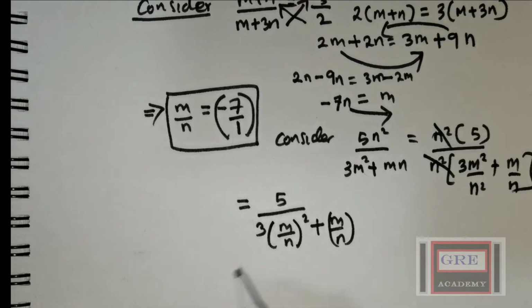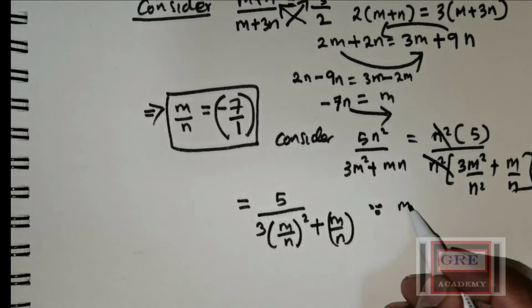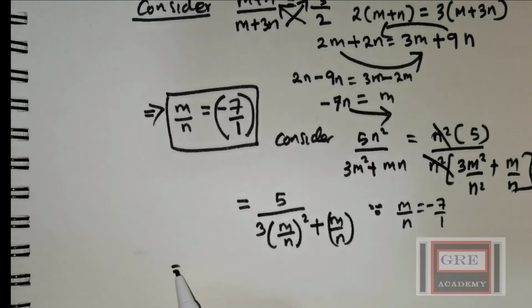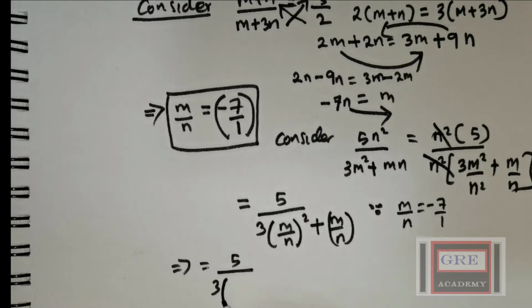This is what I've got. But my m over n is negative 7 over 1. So this implies this is equal to 5 divided by 3 of m over n, which is negative 7. You have to square that.